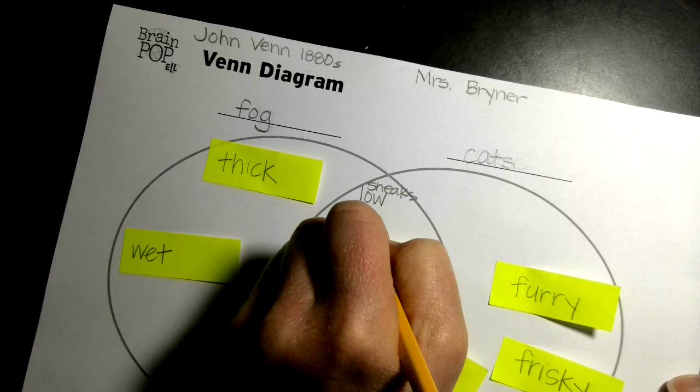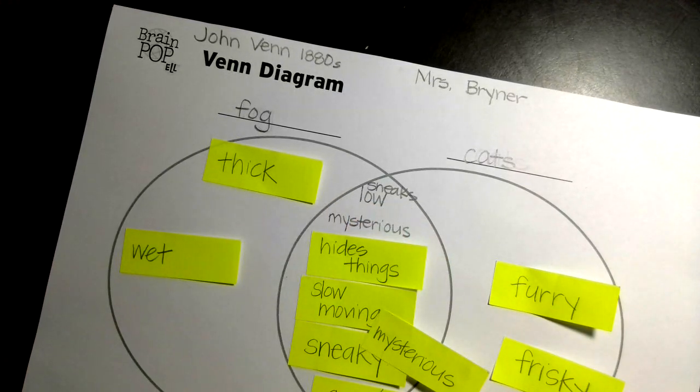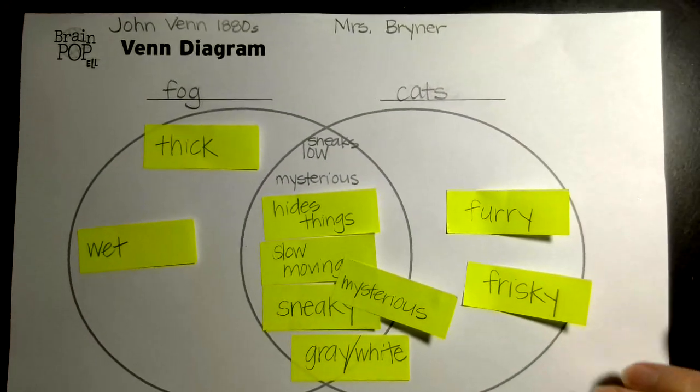Mysterious. So if you want to just write in the words and throw away the little Post-it notes, that is fine too. You're going to be looking at this Venn diagram again in lesson 4.